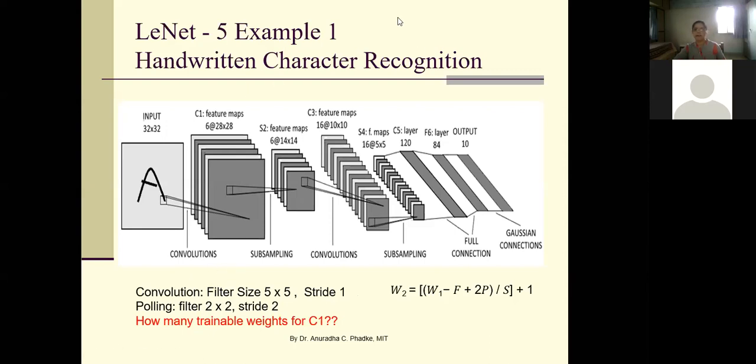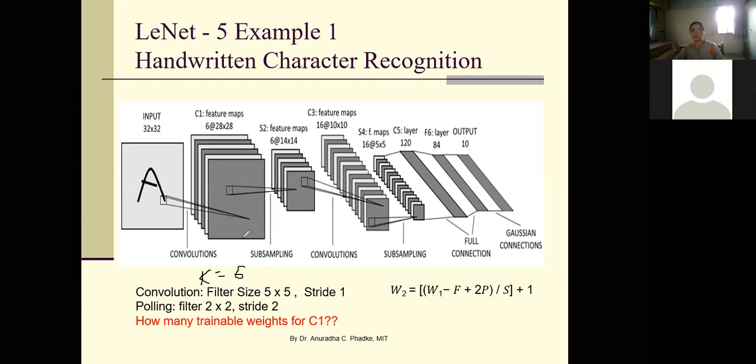Your capital K value is 6. Filter size F is 5. Stride S is 1. And input image size is 32 by 32. So after the first convolution layer, tell me the resultant output size.